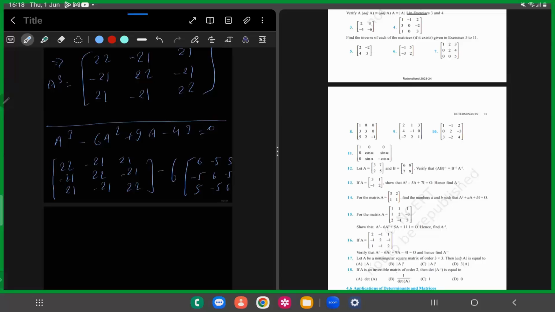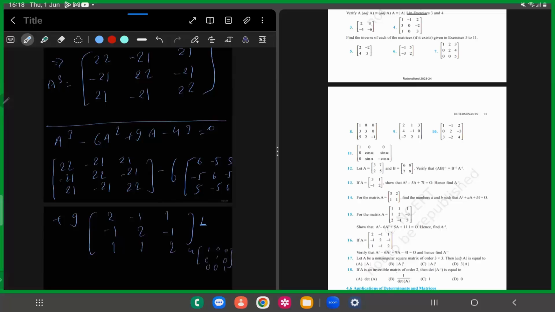Okay, plus 9 times the A matrix, which is 2, minus 1, 1, minus 1, 2, 1, 1, minus 1, 2, minus 4 times the I matrix, 1 0 0, 0 1 0, 0 0 1.